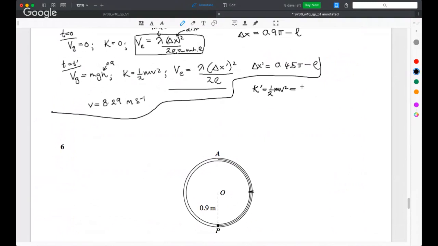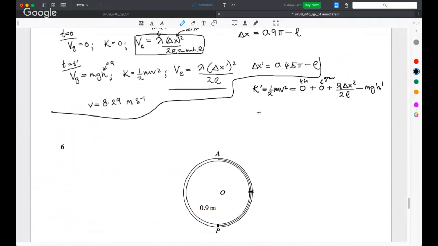Remember, it was 0 for the kinetic, plus 0 for the gravitational, plus the elastic energy at the previous time, lambda delta x squared over 2L, minus the potential energy that we have at this point, minus mg h prime.